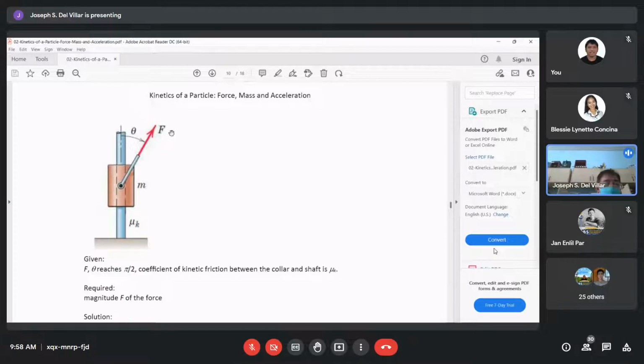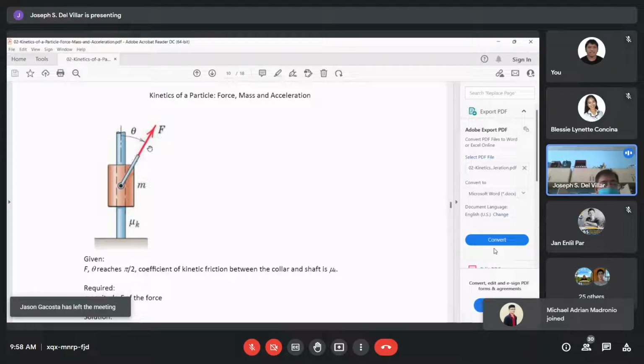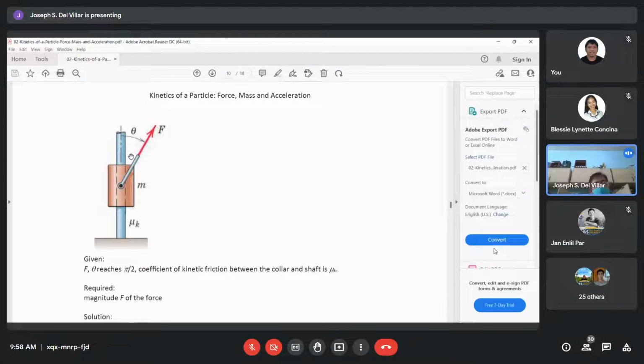So we have this figure. The mass of the collar is m. There is the force F, that is the unknown. And this is the angle theta, initially at 0 degrees, so the force overlaps with the shaft.